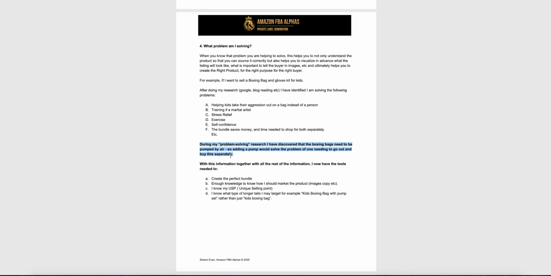During my problem-solving research, I've discovered that the boxing bags need to be pumped by air. So adding a pump would solve the problem of one needing to go out and buy this separately.